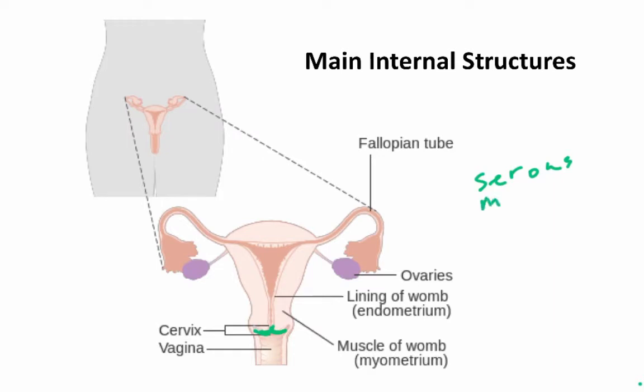It has what's referred to as myometrium, which is smooth muscle, and then endometrium, which is the part of the uterus that most folks are familiar with because that's the part that is hormone sensitive, builds up during the uterine cycle.